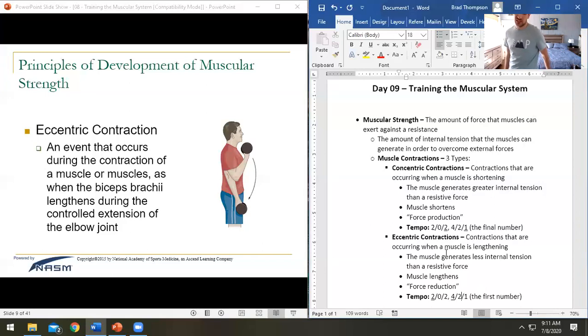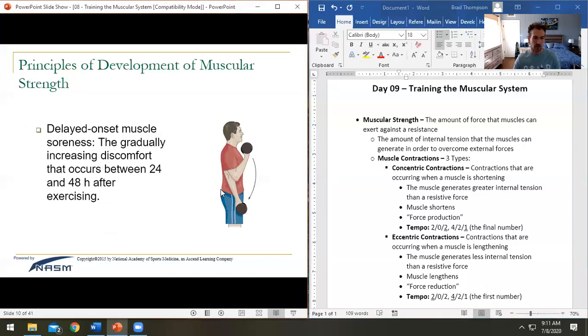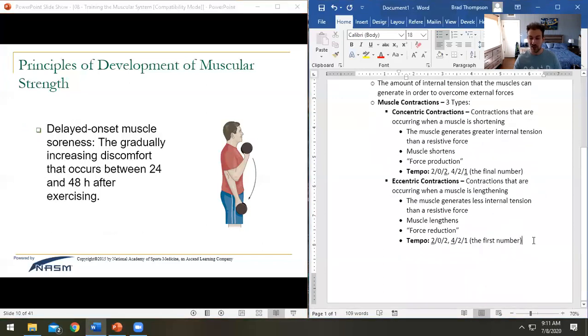NASM doesn't do that. The isometric portion is the portion under tension when the muscle is not in its resting position. So this is one thing that we need to know about eccentric contractions. Eccentric contractions are heavily associated with delayed onset muscle soreness.